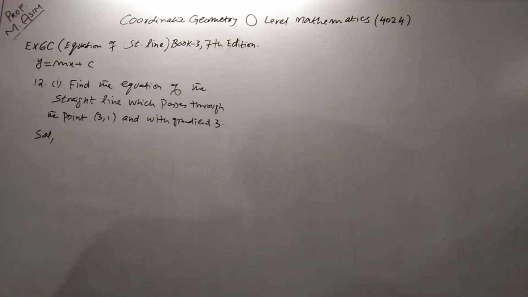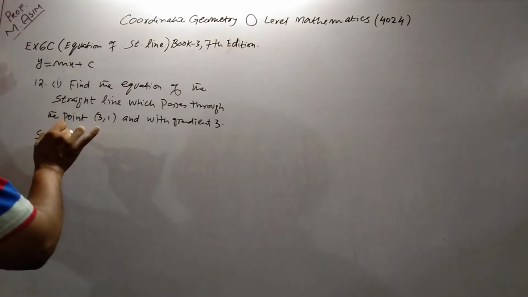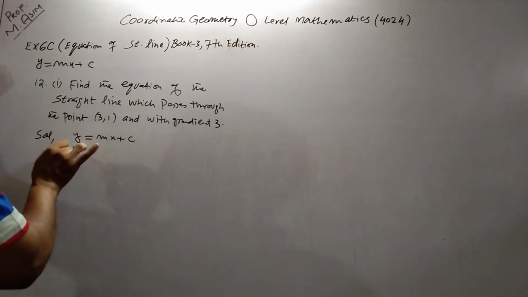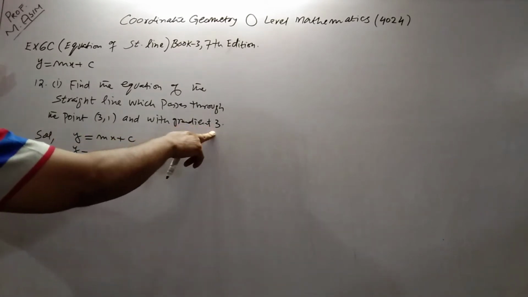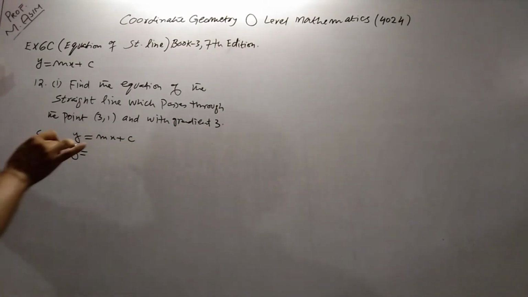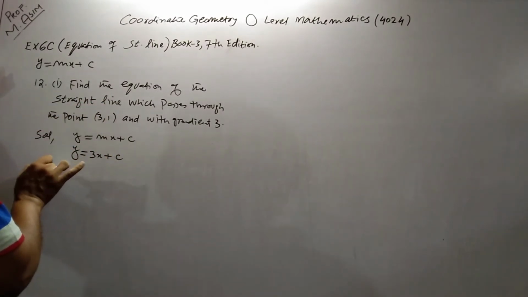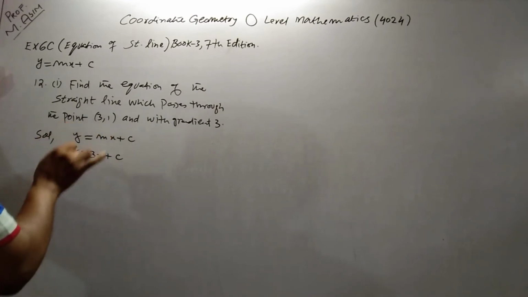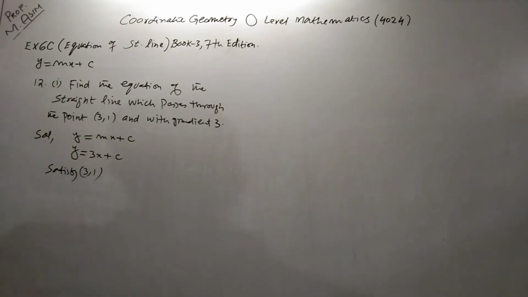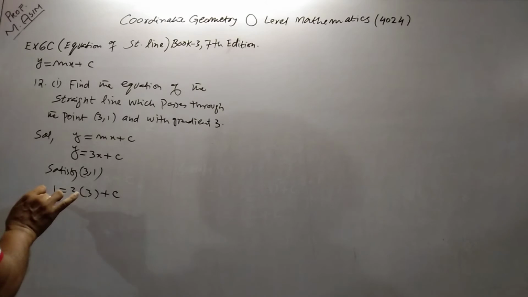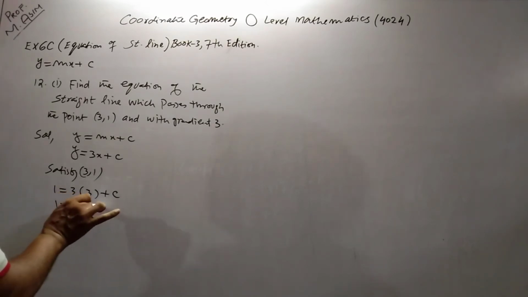Student, this is a very easy part again. What is our standard equation? y = mx + c. The value of m is given in the question: the gradient is 3. So put 3 here: y = 3x + c. Take the point (3, 1) and satisfy it with the line. Put 1 where you see y, put 3 where you see x. 1 = 3 times 3 + c, so 1 = 9 + c.